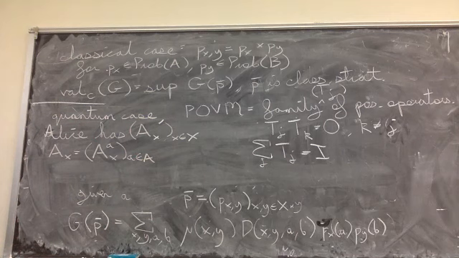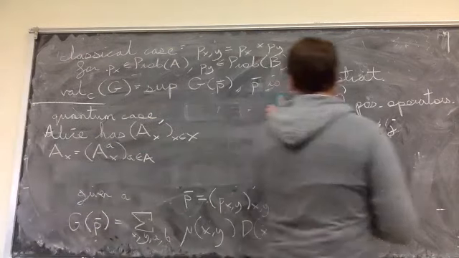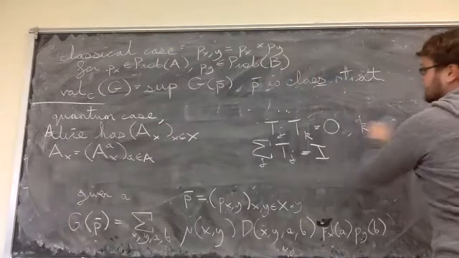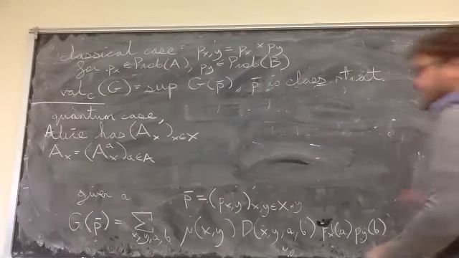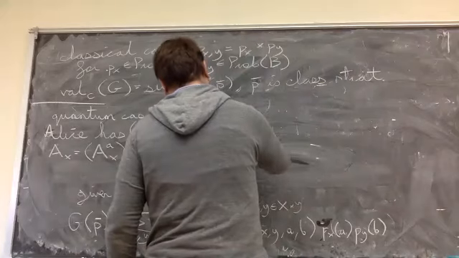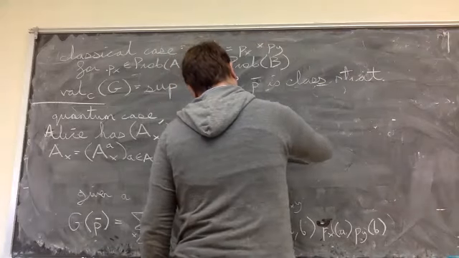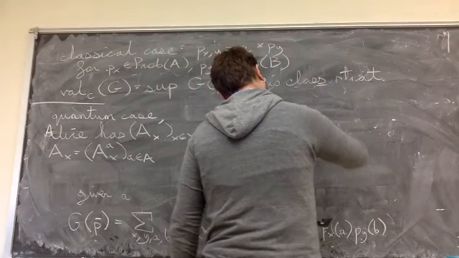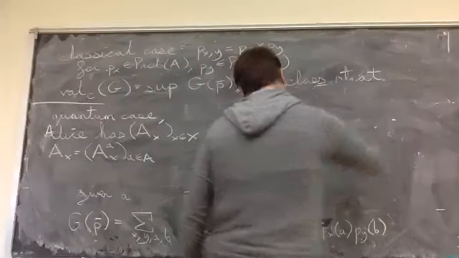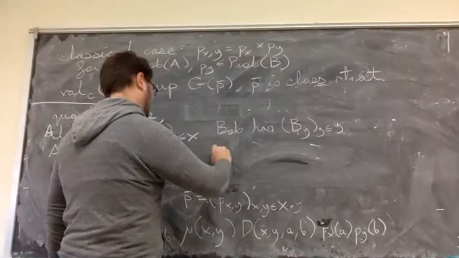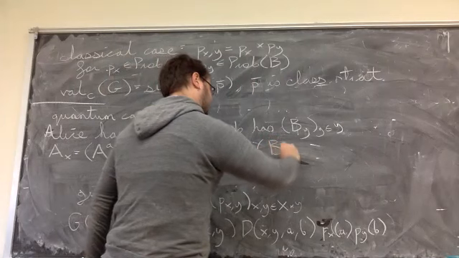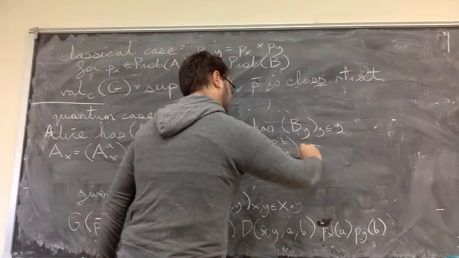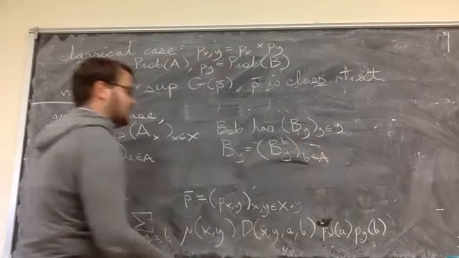So for each question, Alice has a POVM indexed by the answers. And similarly, Bob has a family of POVMs indexed by the answers. Okay, so B_y is going to be this family of operators indexed by the answers to Bob's question.